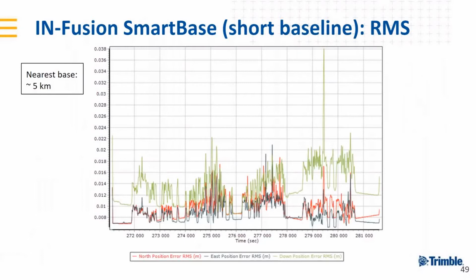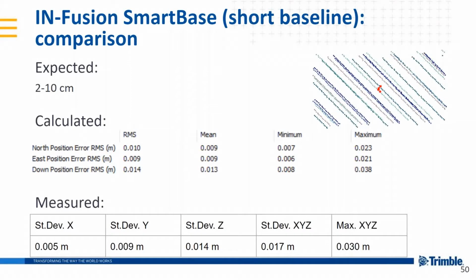For SmartBase with short baseline, for most areas, the north and east position error RMS is within 1.5 centimeters, and the down position error RMS is about 2 centimeters. Here we can see the difference: the expected accuracy is 2 to 10 centimeters, and the calculated error RMS is almost the same as our measured standard deviation.